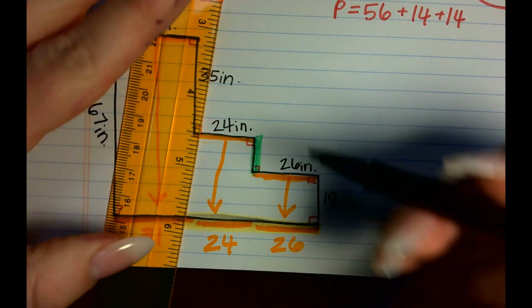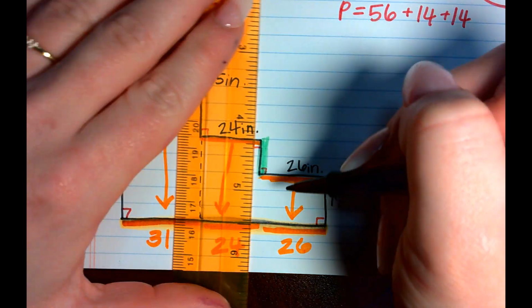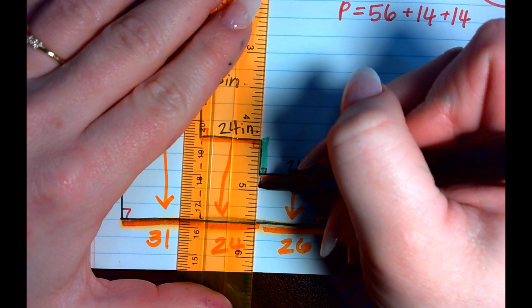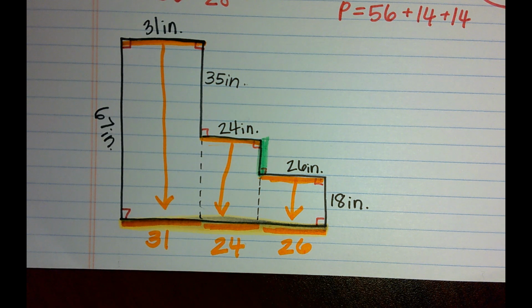If I wanted to, I could draw some little lines here even. You see how these line up? We can simplify the shape. So, how do I find that missing side length?